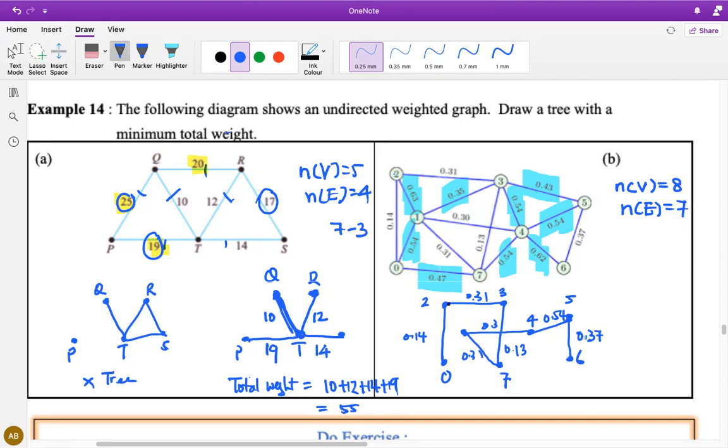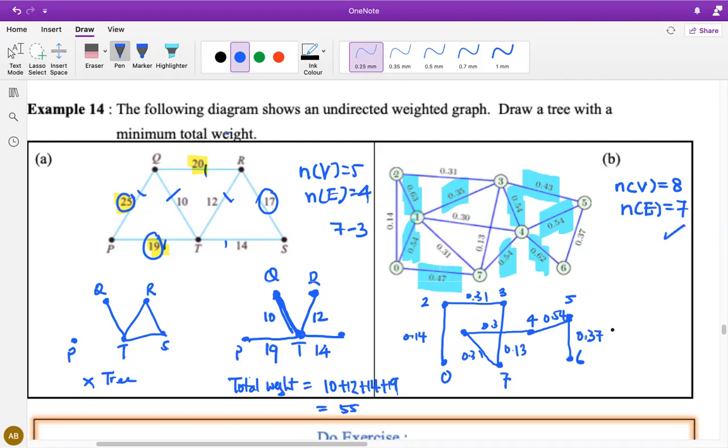Okay, so let's check whether our chosen route is fulfilling NV is 8 and NE is 7 or not. Okay, so you can see quite clear. It's 1, 2, 3, 4, 5, 6, 7, 8, 8 vertices, edges 1, 2, 3, 4, 5, 6, 7.